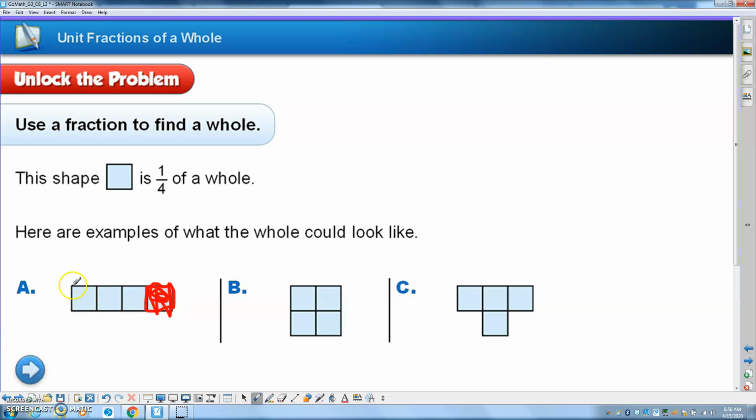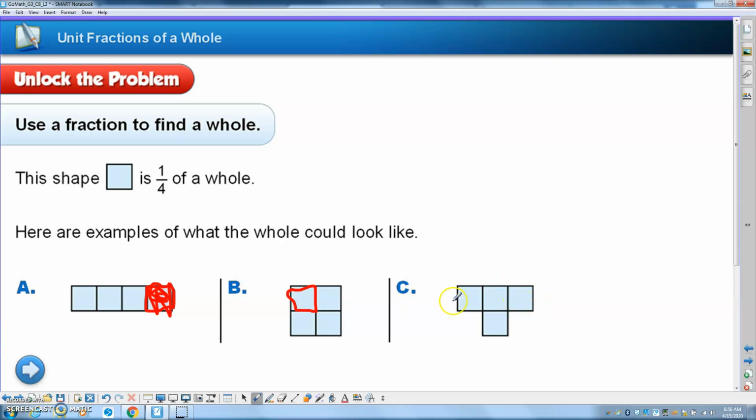So this is one way we can show 4 pieces to make up the whole. Over here is another way that we can show a whole that has 4 equal pieces. And if we shaded one of those, that would give us the unit fraction of 1/4.